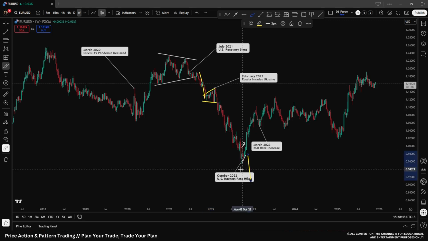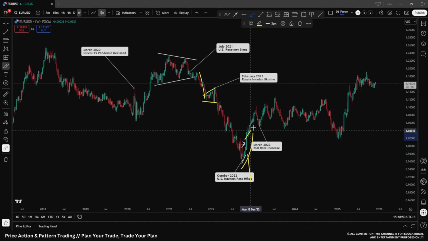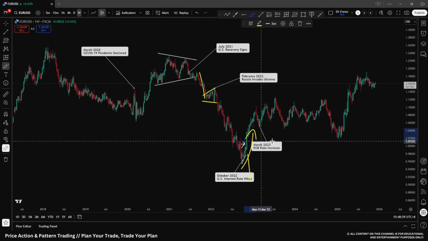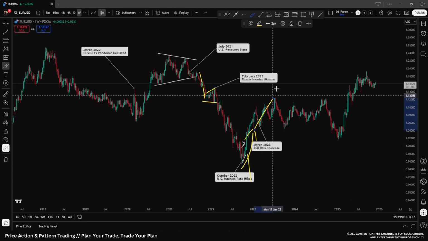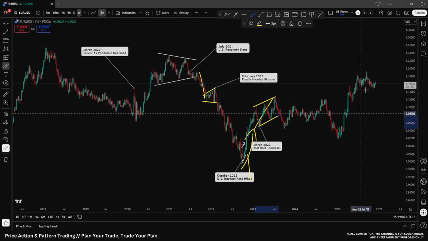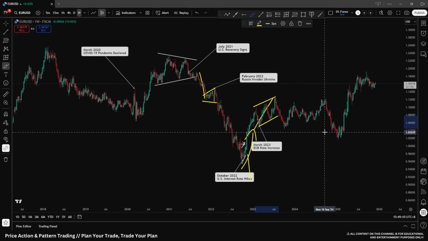Instead, we had this as the catalyst in the opposite direction for an appreciation in euro US dollar, which then got confirmed with the March 2023 rate increase. And that was the last leg into this larger reversal pattern we discussed before. And yeah, now we are basically at the end of the overall timeline.